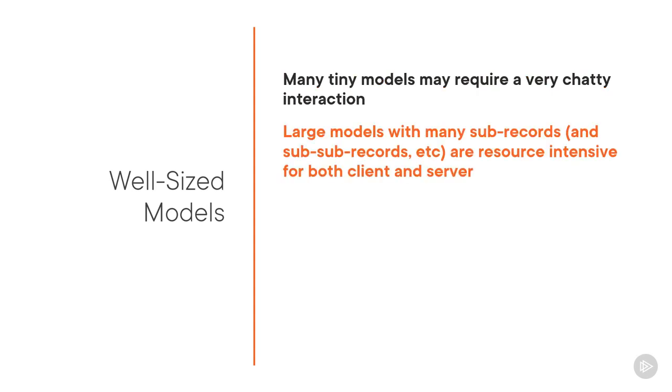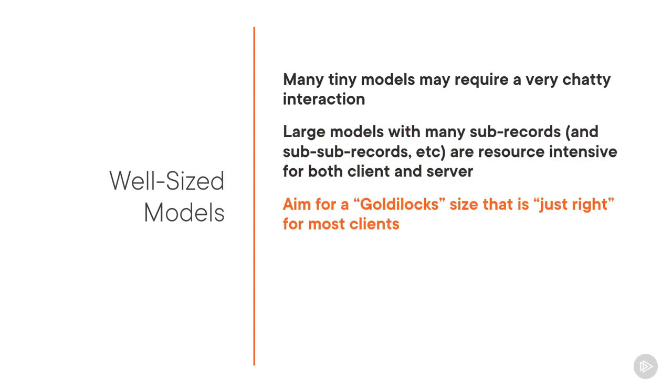Many different but related tiny models will require a very chatty interaction between client and server, so you want to avoid having models that are too small. But large models with many subrecords, which may in turn have many subrecords and relationships, can be very resource intensive. You want to aim for a Goldilocks size that is just right for most clients.